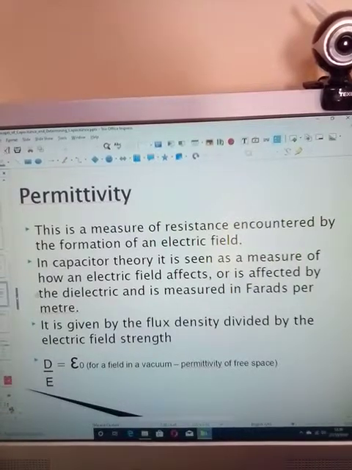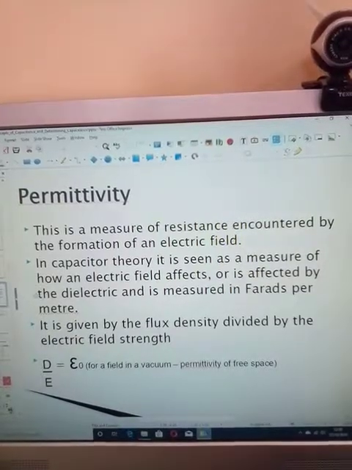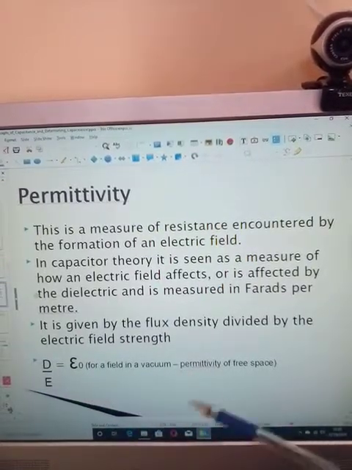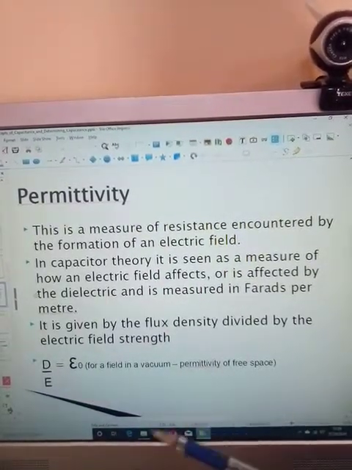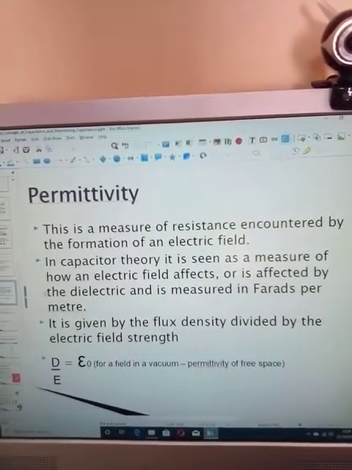Now, ε0 is the permittivity of free space, which is considered to be in a vacuum. But as we do not operate in a vacuum, we have to make alterations for that and take that into account.